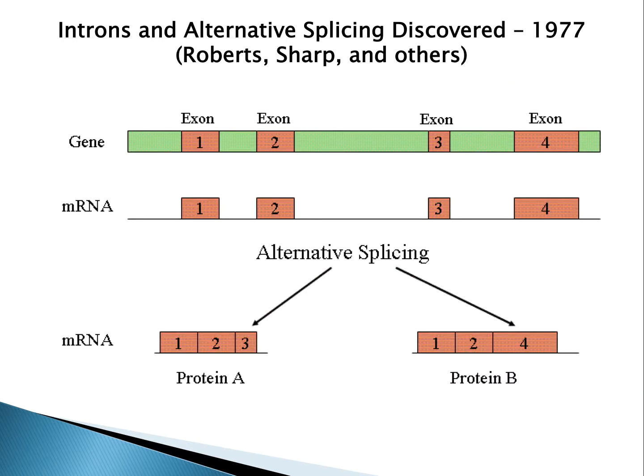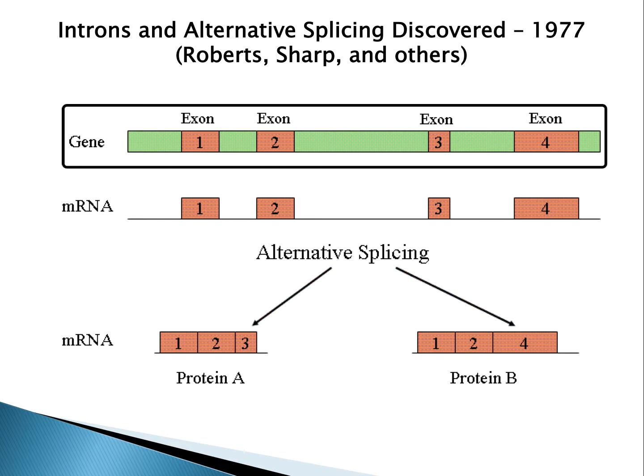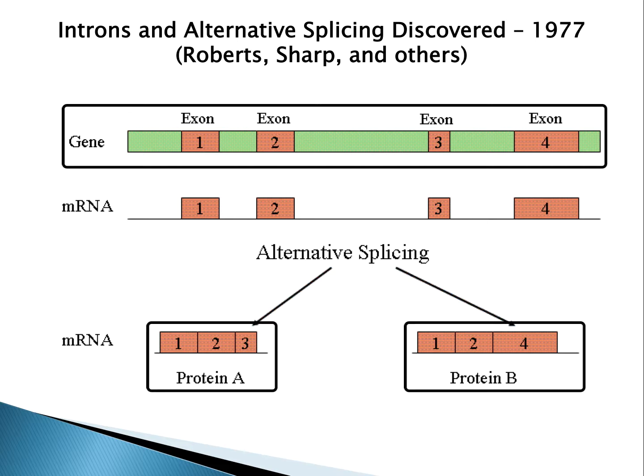Some of the first sequences indicated that the genes were discontinuous in some cases. This is also confirmed by electron microscope studies, as well as some other informational studies. And so you have exons, which became the expressed portions of the gene, the RNA.